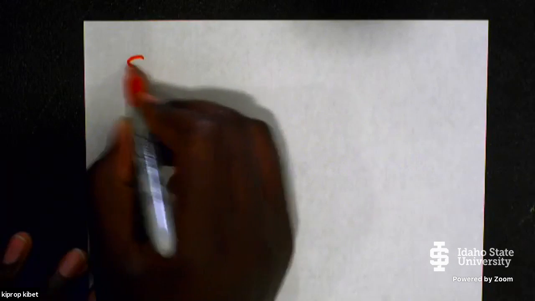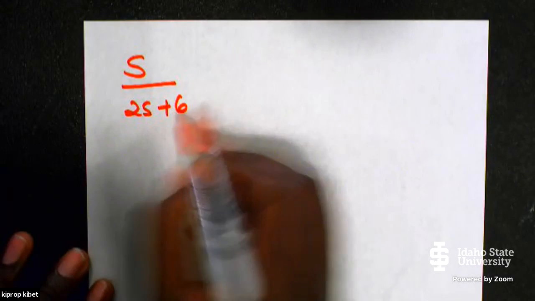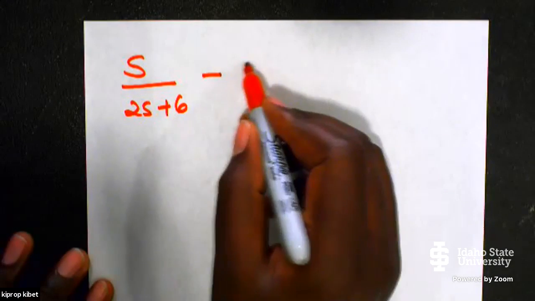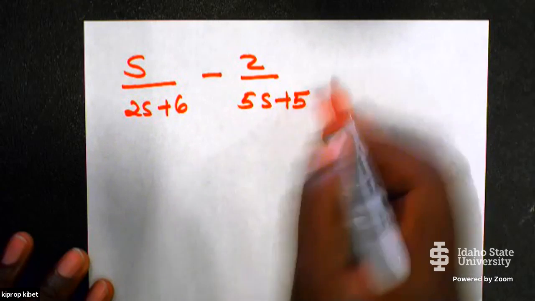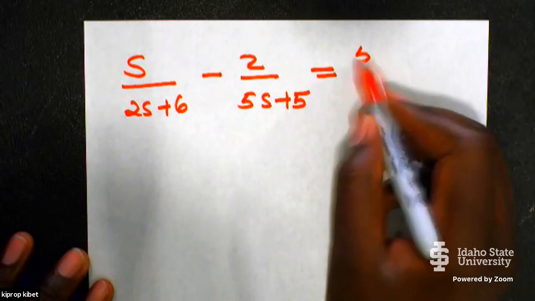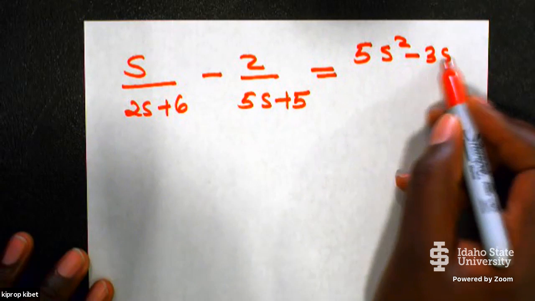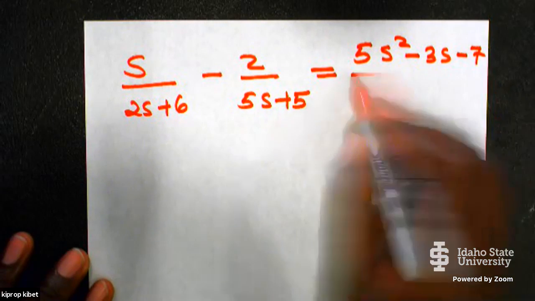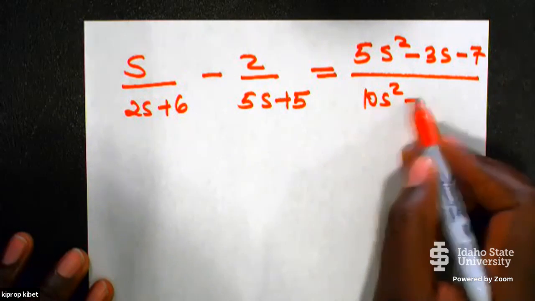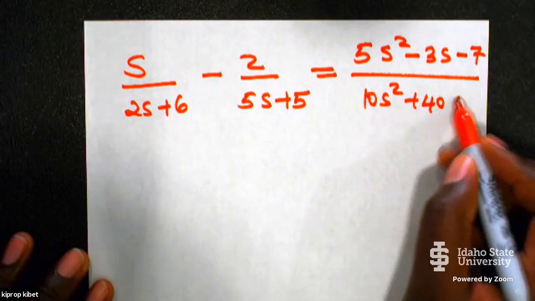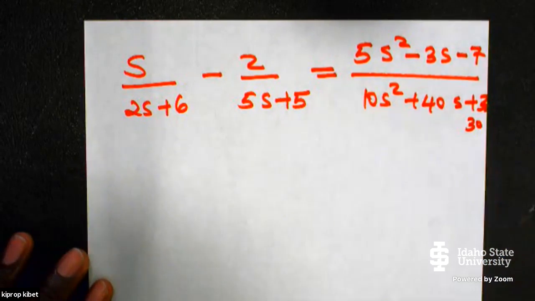So we have s over 2s plus 6 minus 2 over 5s plus 5 equals 5s squared minus 3s minus 7 over 10s squared plus 40s plus 30.